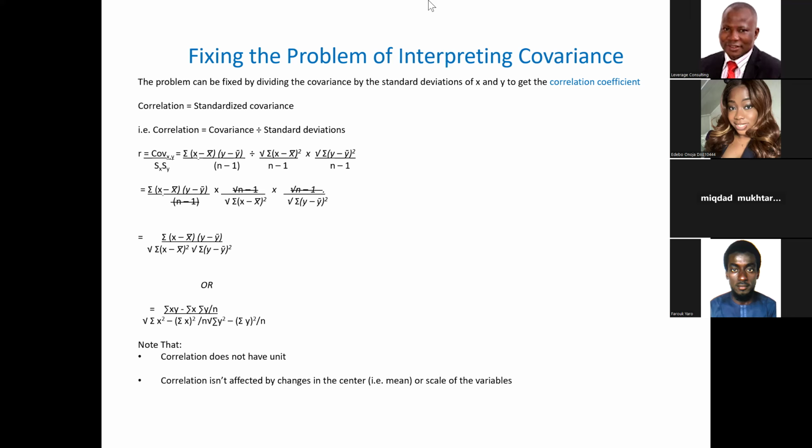You use it in engineering, in medicine, in health, anywhere, because it's a standardized measure. So correlation isn't affected by change in the center, mean, or scale of the variable. It's not affected by change in the mean. It's not affected by the unit of measurement.